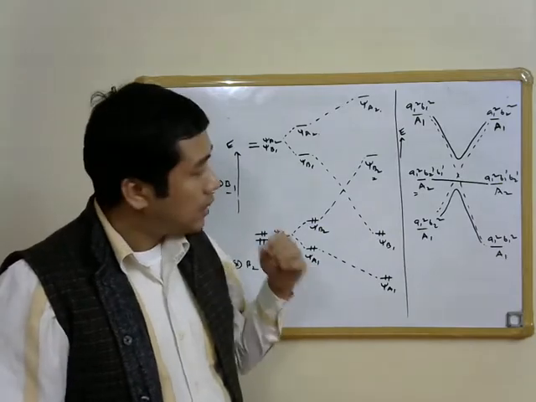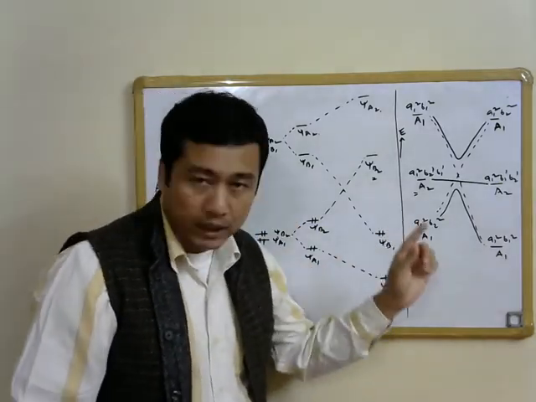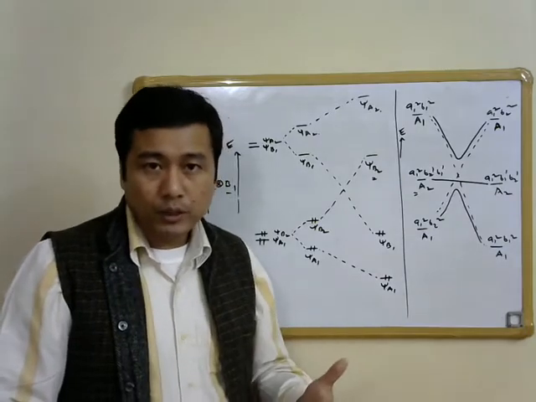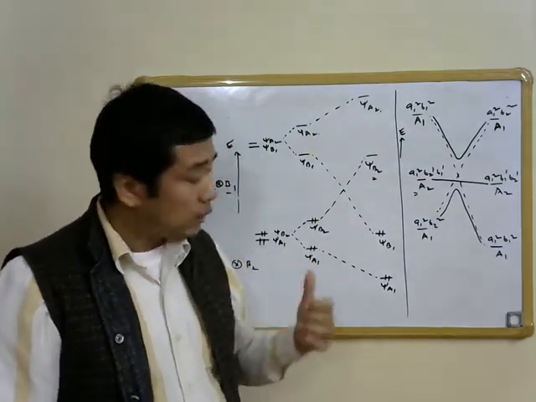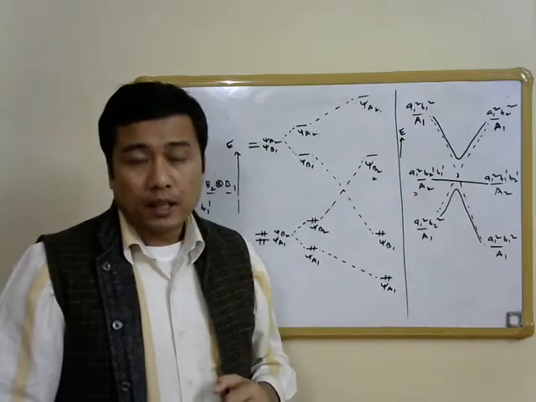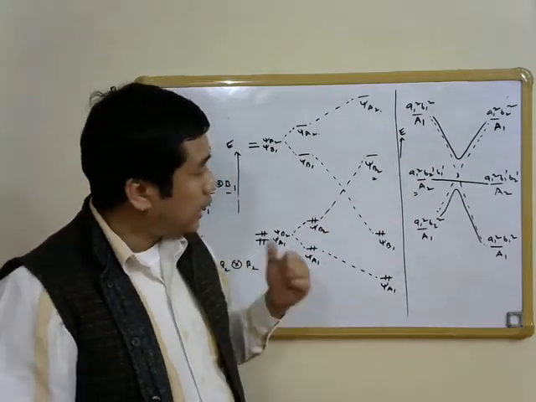That is why the dimerization of olefin cannot take place in the ground state, or is forbidden thermally, but it can proceed when the reactants are in an excited state.